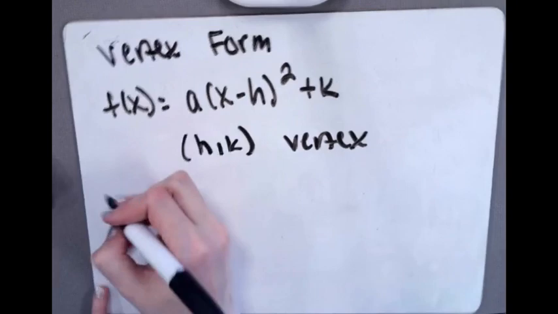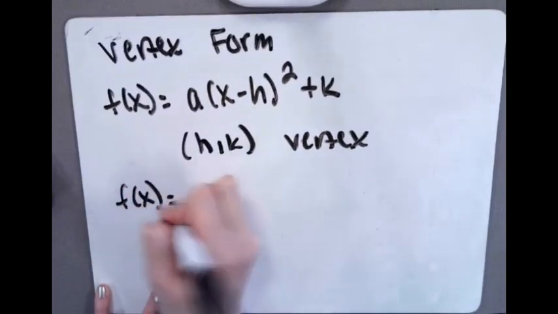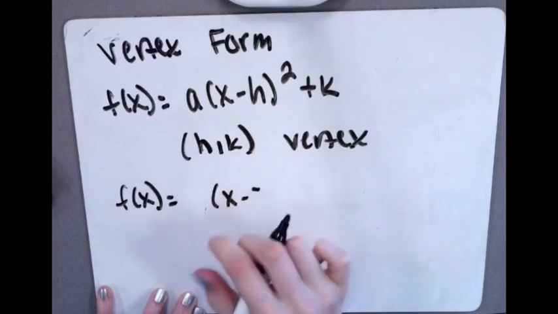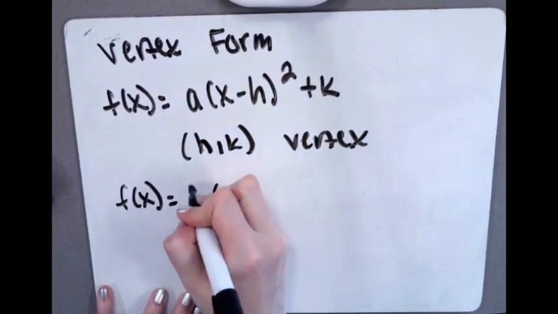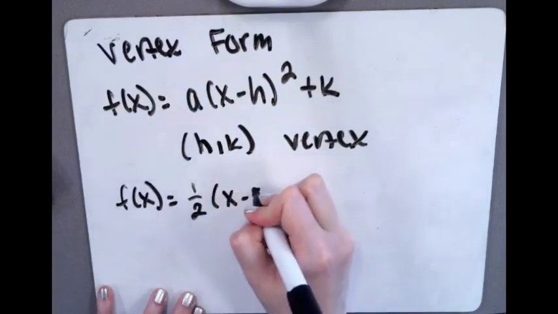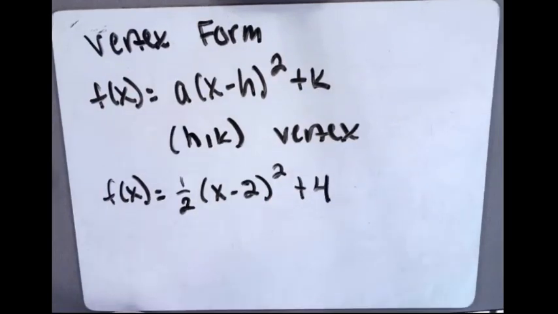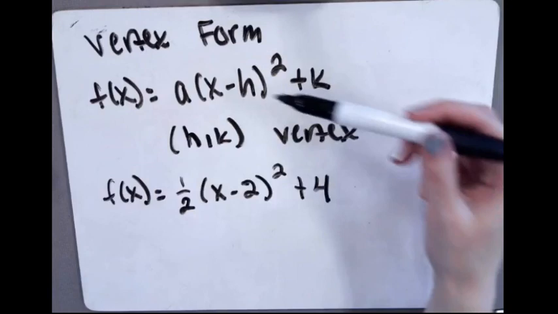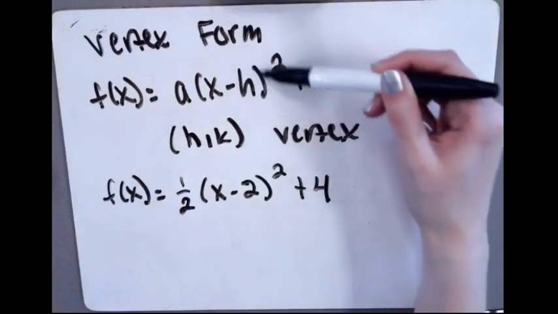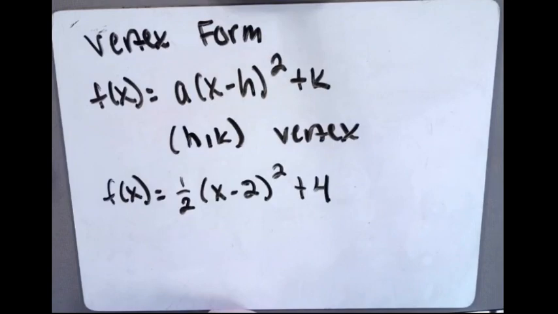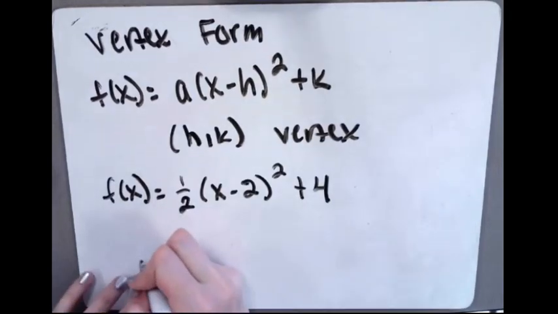So let's look at an example. Now, similar to factored form, I want to be looking for what number is subtracted in parentheses. And that number is the x-coordinate of my vertex.